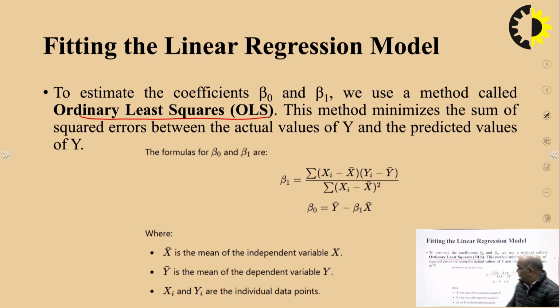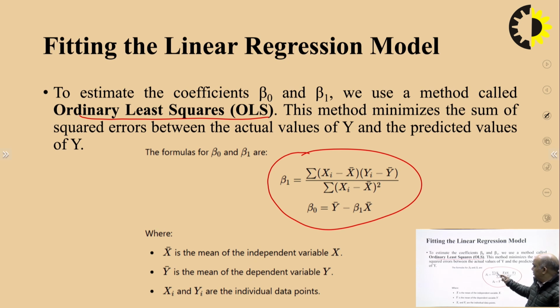For that we use this formula: the summation of (xi minus x dash)(yi minus y dash) divided by the summation of (xi minus x dash) whole squared, where beta naught is equal to y dash minus beta 1 x dash. Here x dash is the mean of the independent variable and y dash is the mean of the dependent variable.